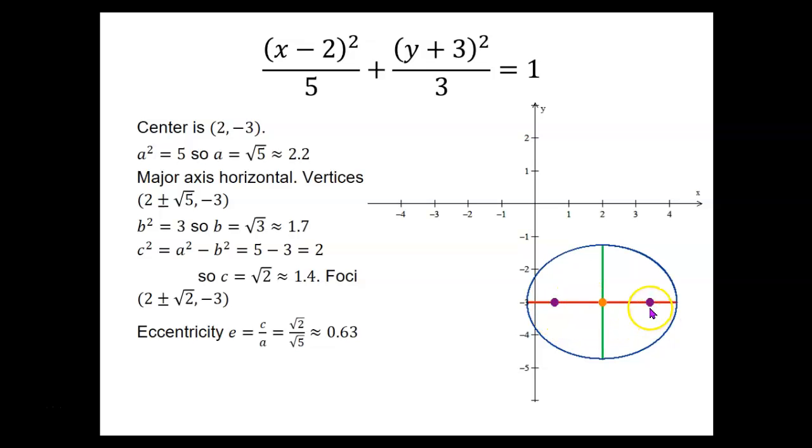I've got the foci marked, but they're not part of the ellipse itself, but we could find them by starting at the center and going right and left about 1.4. And for the ellipse itself, once we have the axes drawn in, just draw a nice ellipse that goes around the outside of those axes.